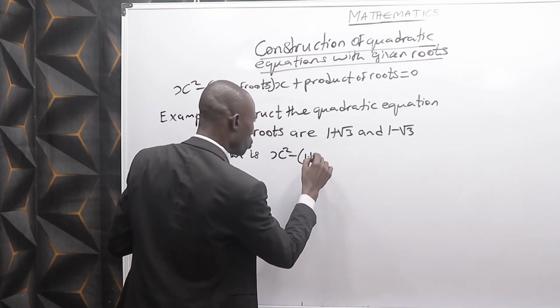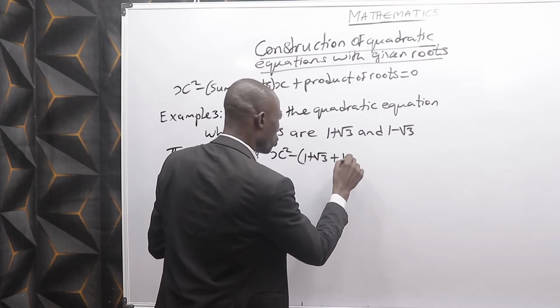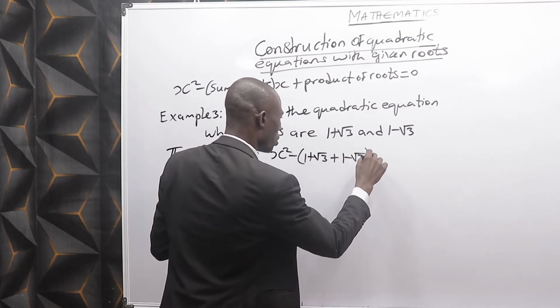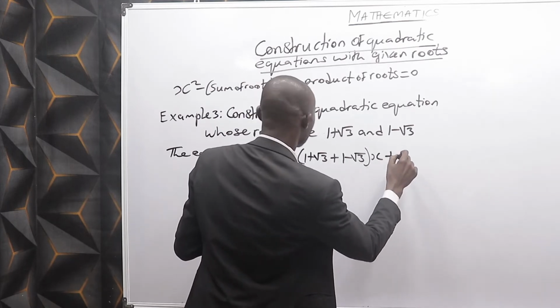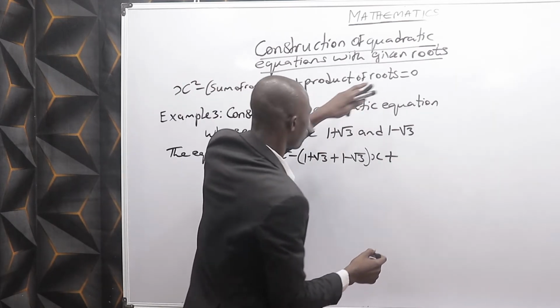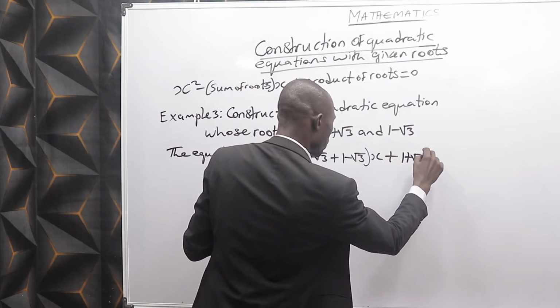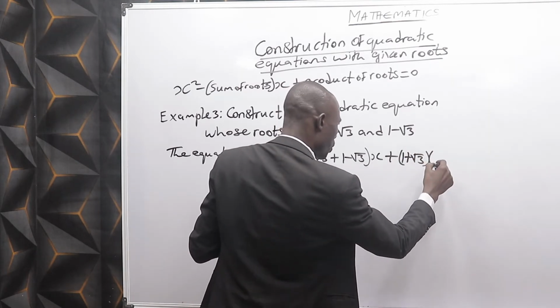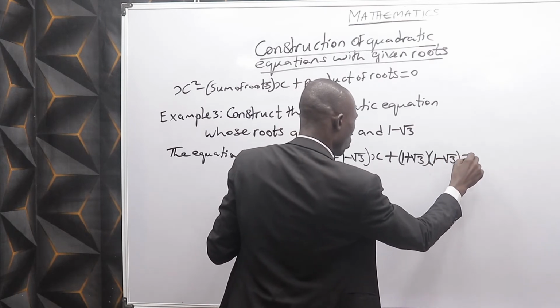Write the first root plus the second root. Then put x plus product of the roots. 1 plus root 3 times 1 minus root 3 equals 0.